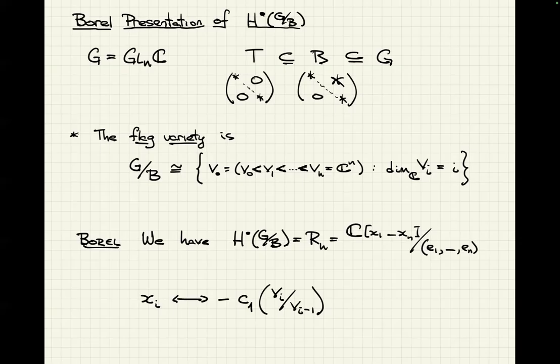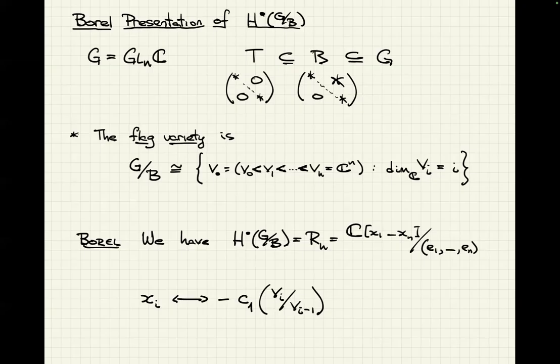And if you really want to know what's going on in this presentation, these variables xi correspond to Chern classes. So xi is, say, up to a minus sign, the Chern class of this tautological line bundle, Vi mod Vi minus 1. Okay, so this is the Borel presentation. It's presenting cohomology as a graded C algebra. And actually, it's also presenting cohomology as a graded Sn module.